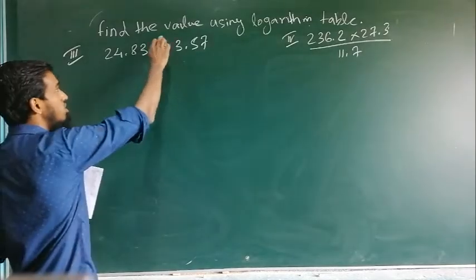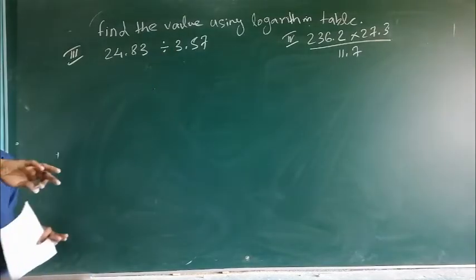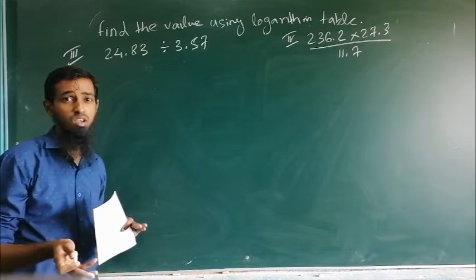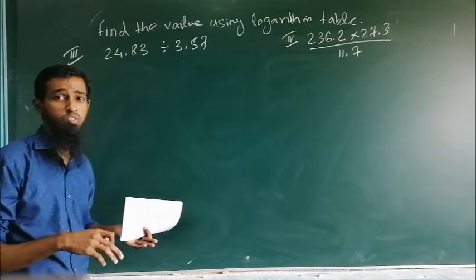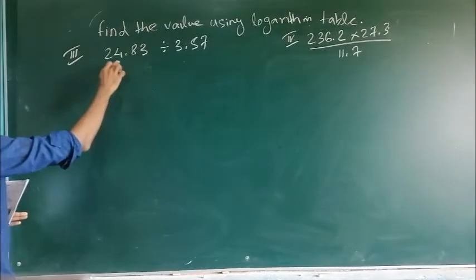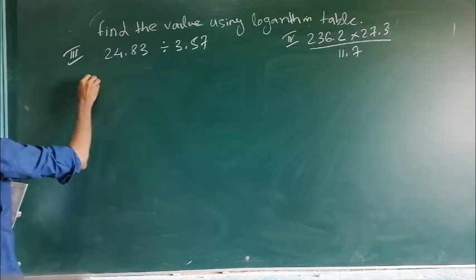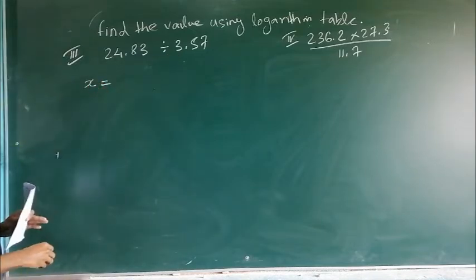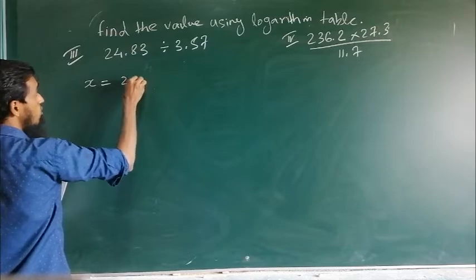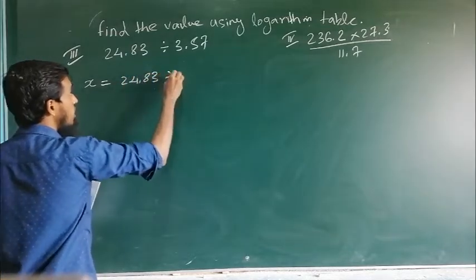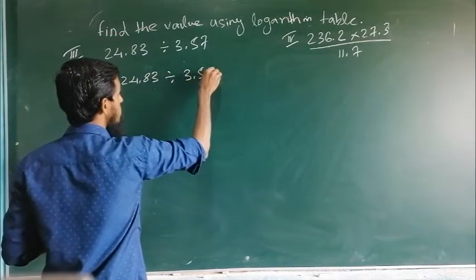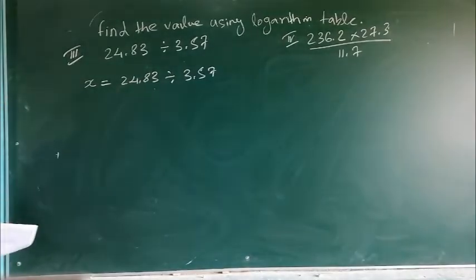While we have division, we get a subtraction, like the addition before. So for the division part, we write the final value as x = 24.83 divided by 3.57, like the first step.